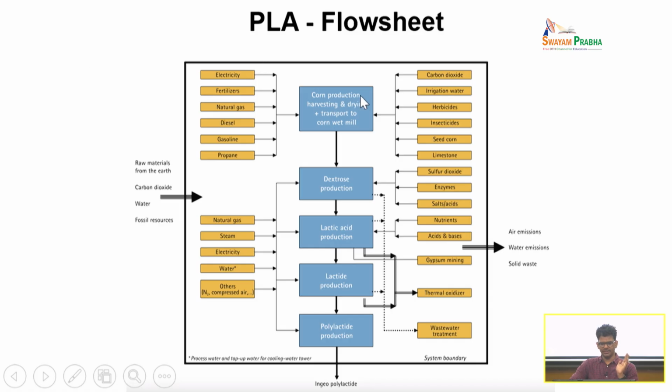Okay, so in the case of PLA, it is based on corn. Okay, so you produce corn, you harvest corn, dry it and transport it to the corn wet mill. In there you use corn and then make what is called dextrose. Okay, dextrose is also a sugar, and from dextrose you convert them into lactic acid, and from lactic acid you produce lactide, and from there you produce polylactic acid as a resin.